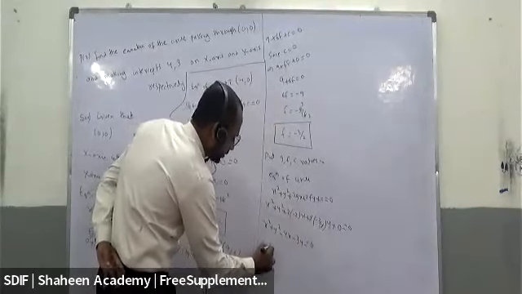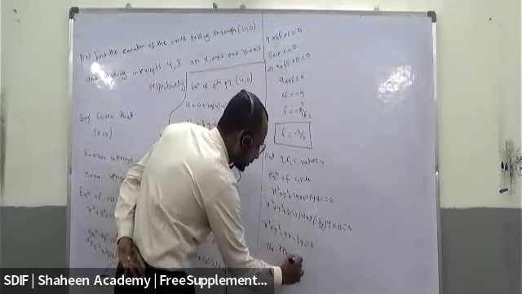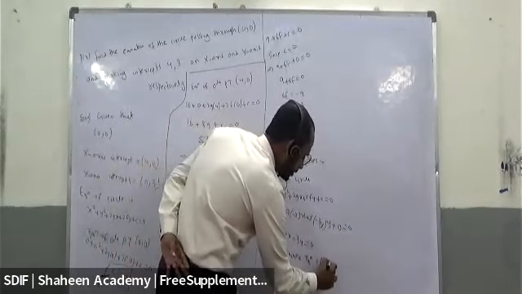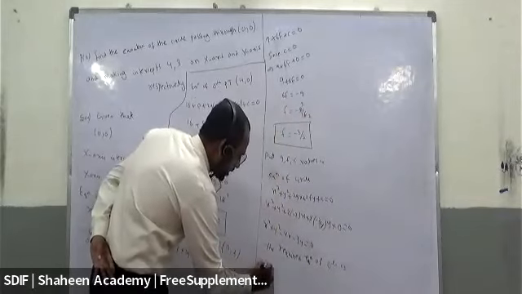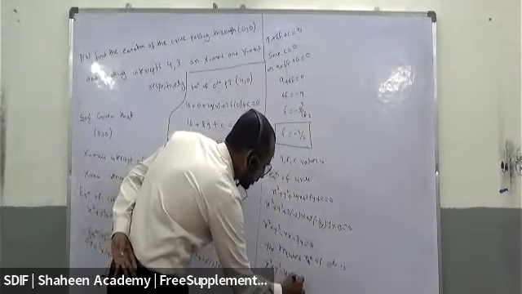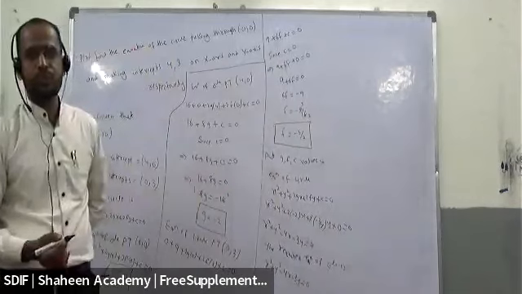Therefore, the required equation of circle is x square plus y square minus 4x minus 3y is equal to 0.